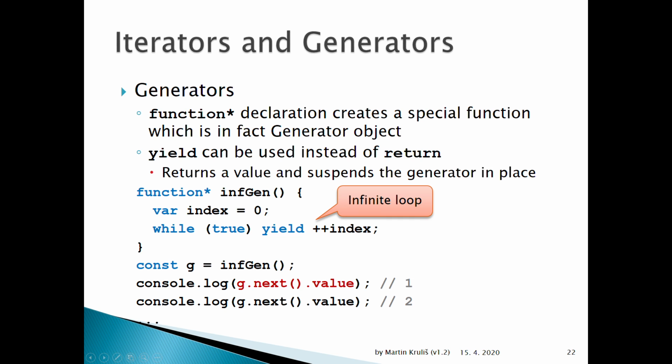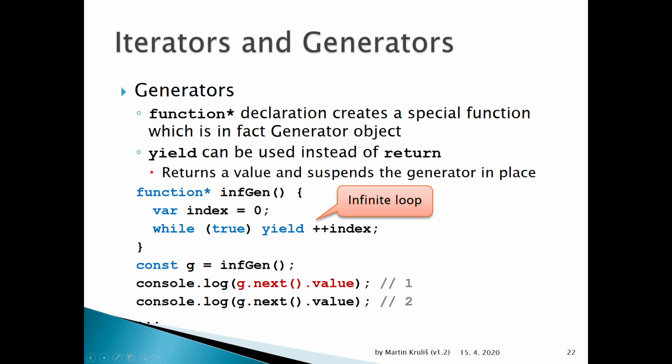And inside this special function we can use the yield keyword instead of the return keyword. The yield keyword has a similar meaning, so it yields values from the generator function, but it won't terminate the function, it only suspends it, and when the generator is invoked next time, when the iterator advances, it is resumed after the last yield and just continues the execution until the next yield.